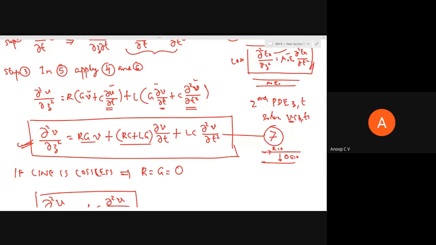On a scale of 1 to 10, how would you rate the difficulty level of this particular topic, deriving the transmission line equation in real instantaneous form? Please, all of you should type. Maybe if you spend some more time, you will be able to appreciate it. Some might have already understood it.